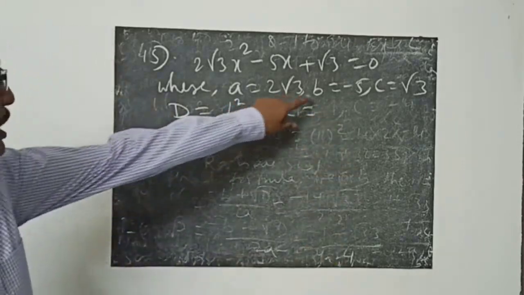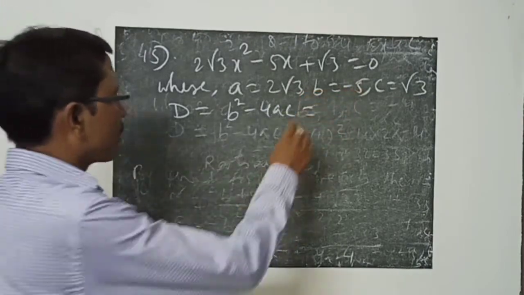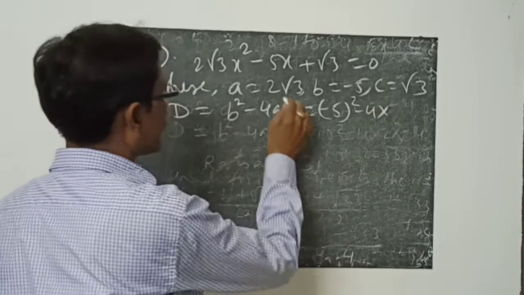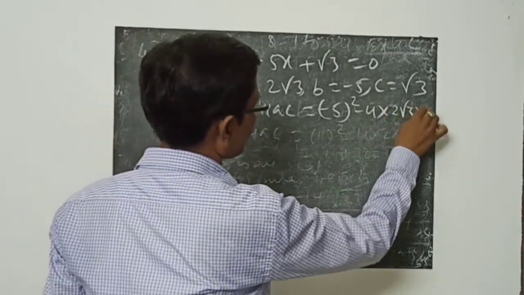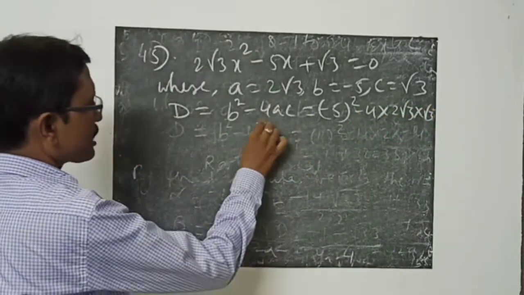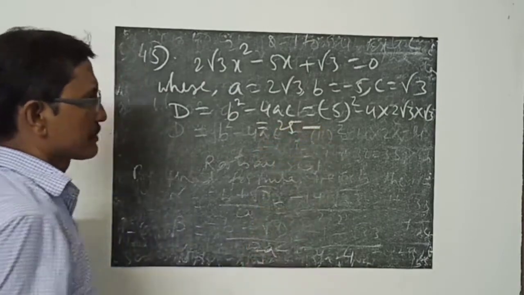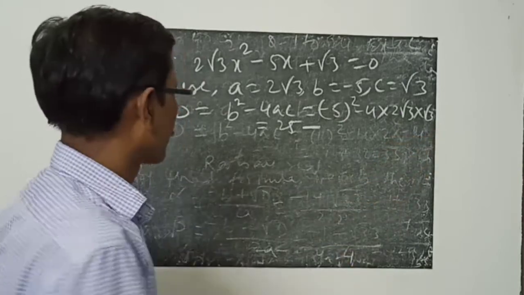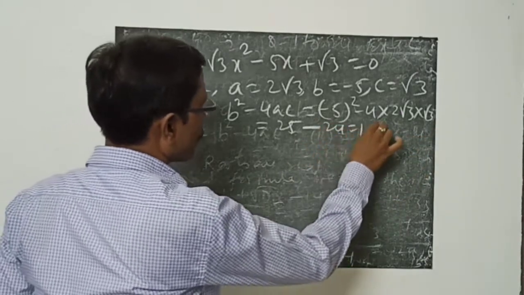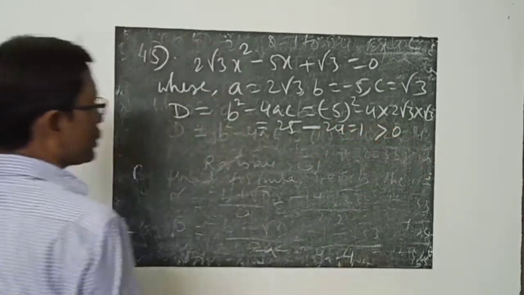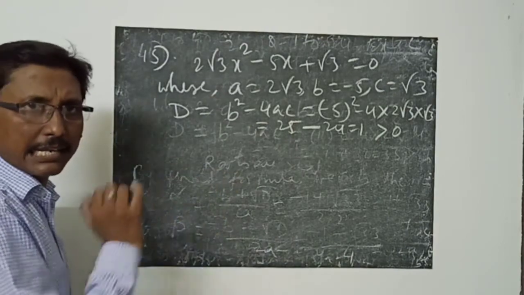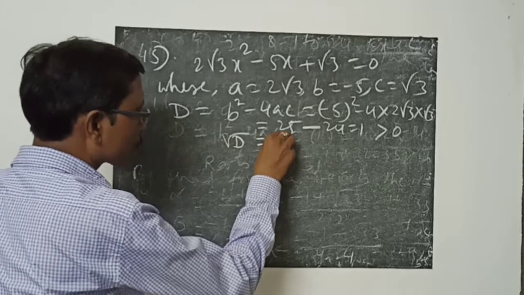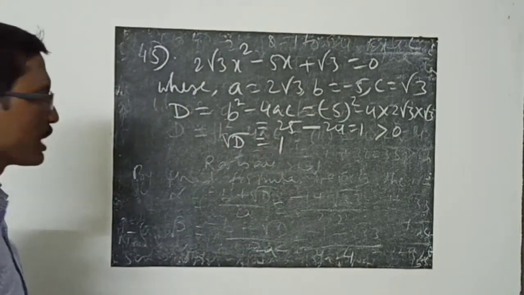Directly we write minus 5 square minus 4 into a, means 2 root 3 into root 3. So ultimately 25 minus 4 into 2 root 3 into root 3, means 24. So it is coming 1, which is greater than 0. Therefore roots are real. So D equal to 1, so root D is also equal to root 1, means 1.